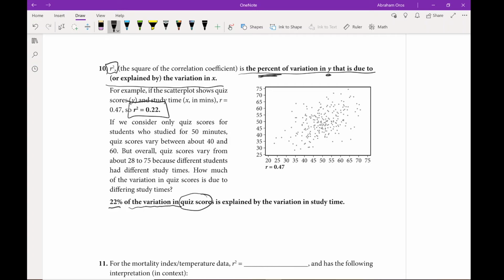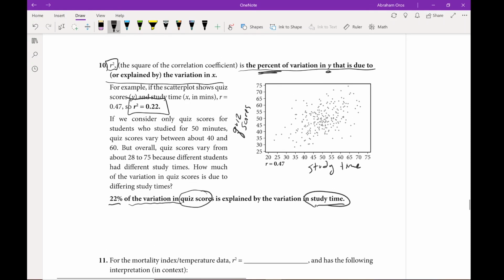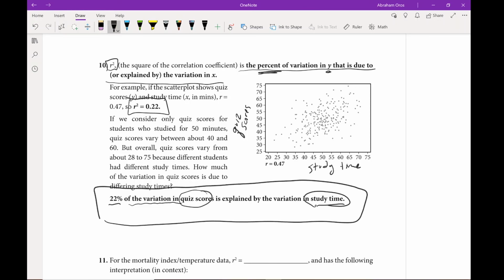Y, this is the quiz scores, is due to or explained by the variation in X. And in this case, X is study time. Study time and quiz scores. That is the story there. And whenever we ask you to do this, you're going to need to put these pieces together. So you've got a percentage, variation in Y, explained by variation in X.